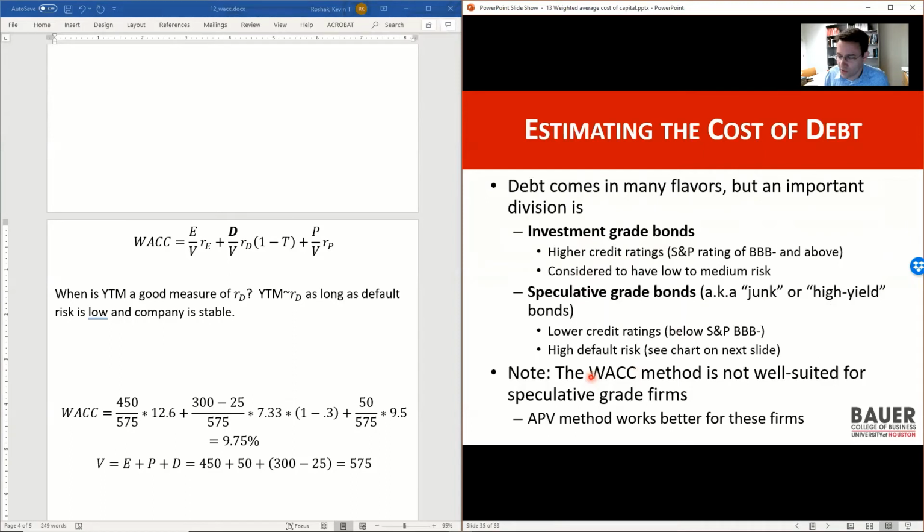So the WACC method is just not well suited for speculative grade stuff, junk or high yield bonds. We'll need some other tool. We'll use something called the APV later to deal with these situations. But the WACC is kind of plain vanilla. You need to be very stable. You need to have boring companies where you're not going to approach these issues.